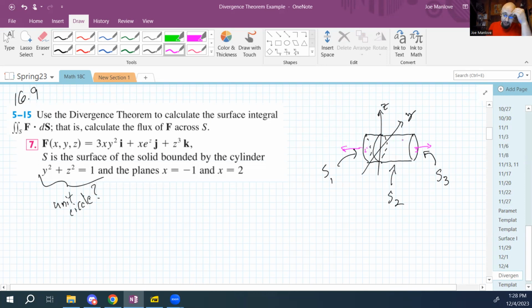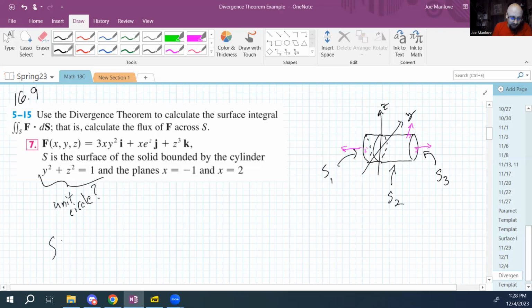Then the one around the surface itself gets a little tricksy. I'd need to parameterize the surface, take some partials, get a cross product. The good news is I don't have to do any of that because that is a closed surface. And if it's oriented outwards, which it didn't really tell me it is, but I guess I'm going to assume it is, that means I can apply the divergence theorem.